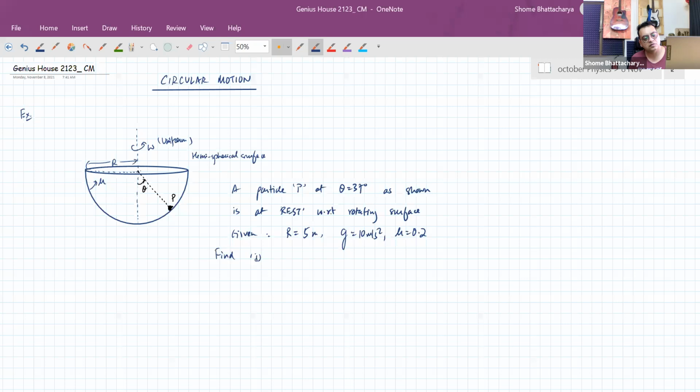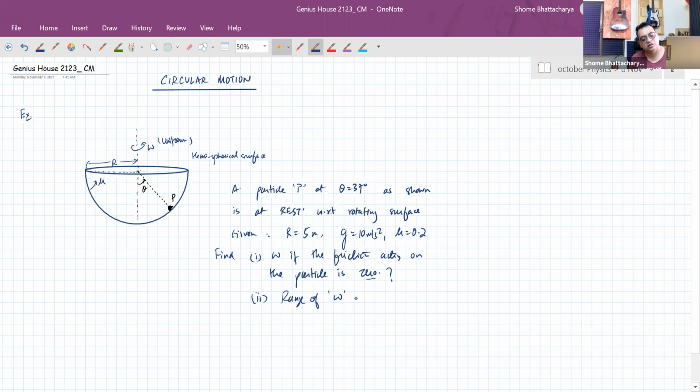Find omega if the friction acting on the particle is 0. There's no friction acting on it. Second, the range of omegas so that the particle does not slip.